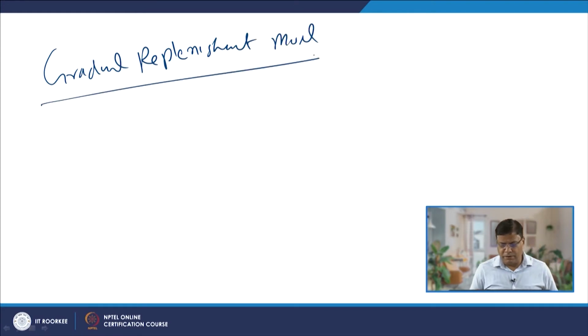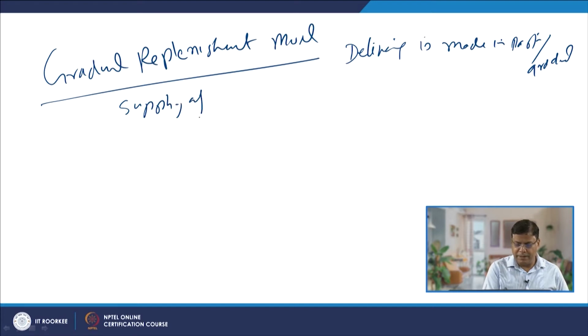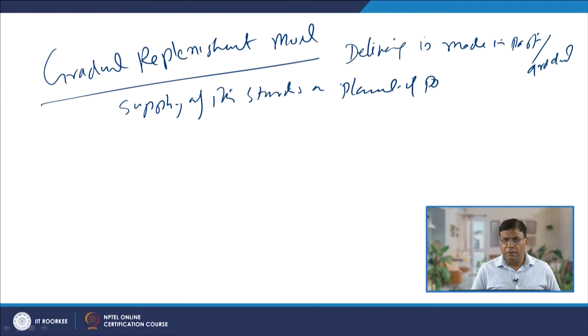In the gradual replenishment model, as it reflects from its name, the delivery is made in parts. It is gradual, not instant. The entire lot is not delivered instantly. In this case, the supply of the items starts on placement of the PO, but the supply is not complete in one go against the quantity for which the order was placed.